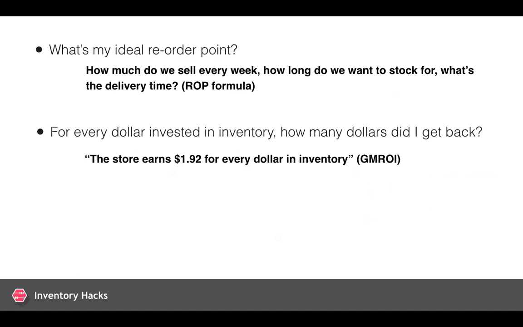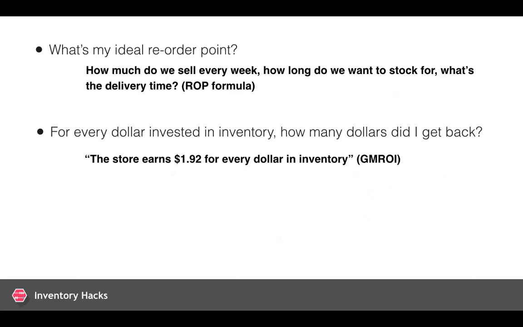Now that we knew this, we were able to make better business decisions on what products we would rather sell and what products we needed to get rid of. So simple, right? That's a very simple formula called the gross margin return on investment. And this is super powerful, and the way you do this is so simple. So that's the second thing.